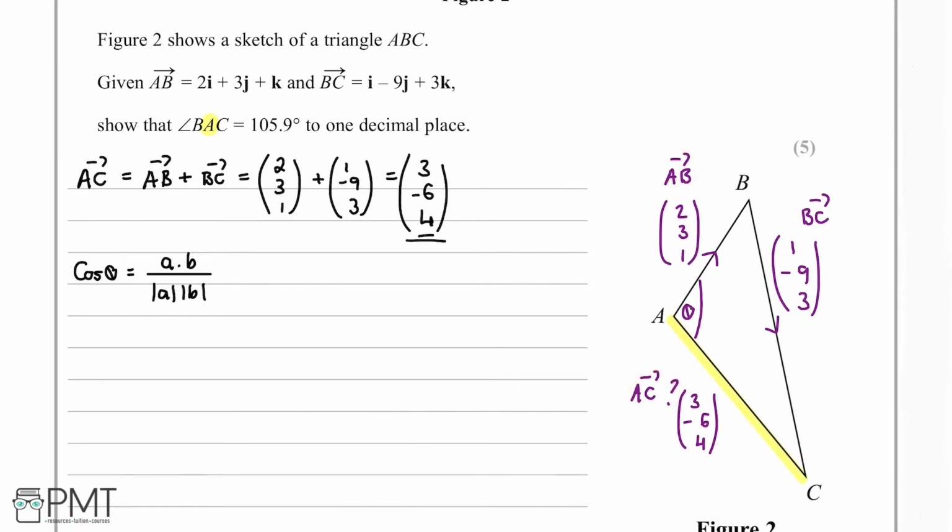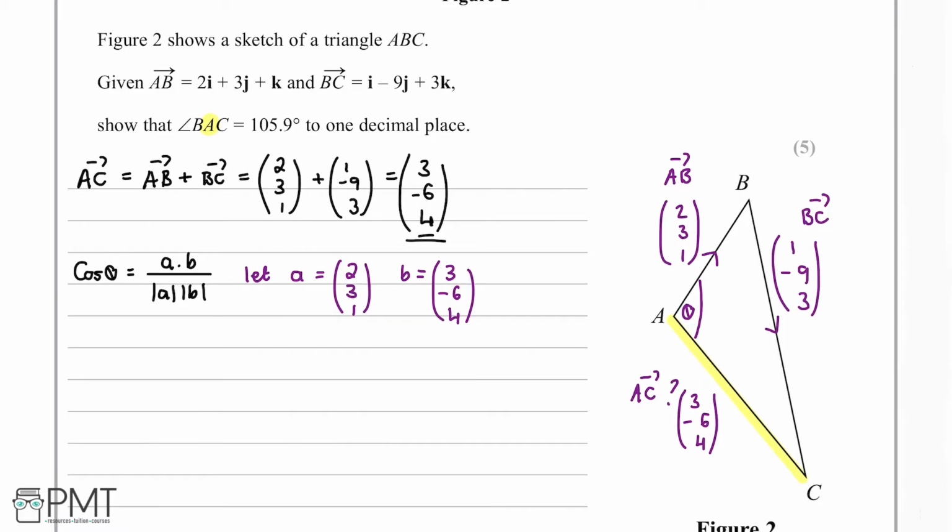So let's write this down for completeness. Let A be equal to (2, 3, 1) and B be equal to (3, -6, 4).